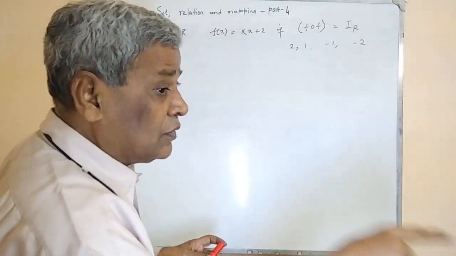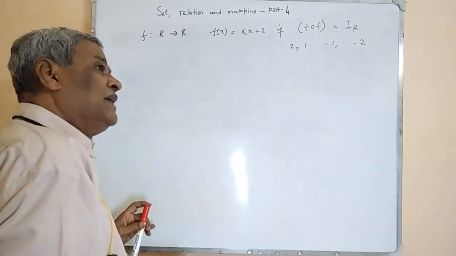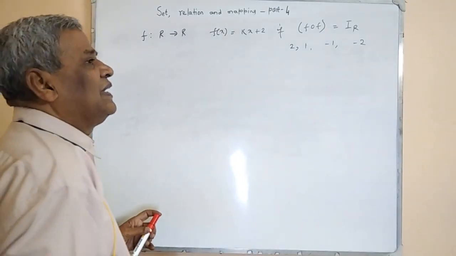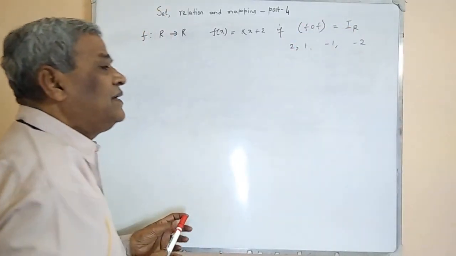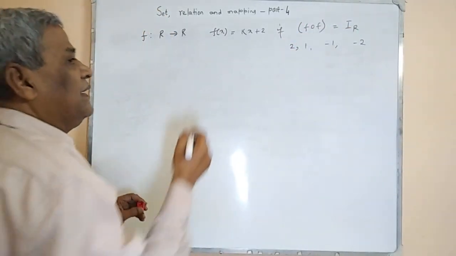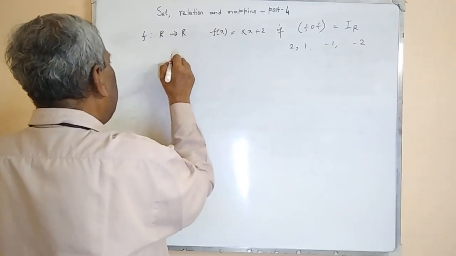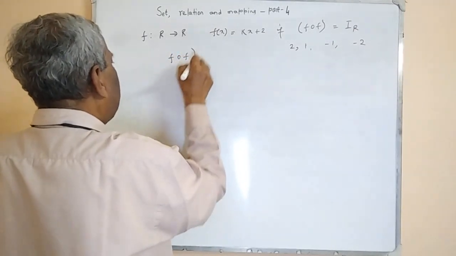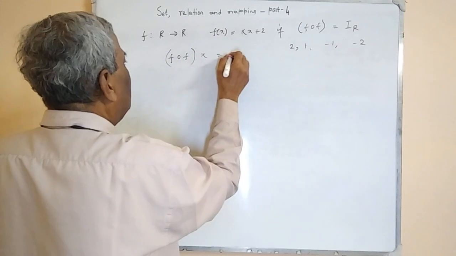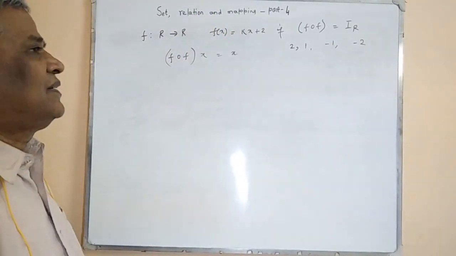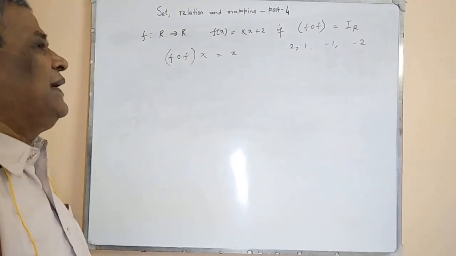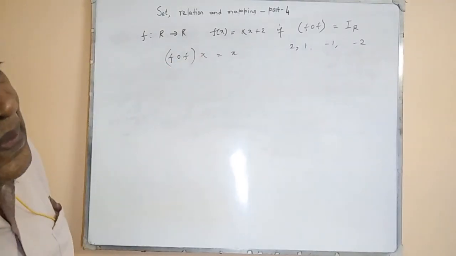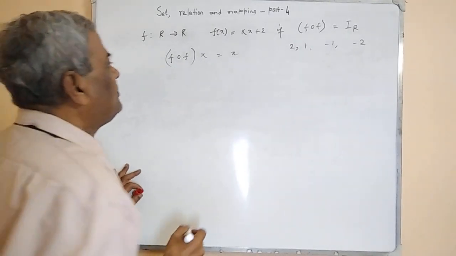Given that the composition f∘f is an identity mapping, it means f∘f(x) is equal to x. From this relation, we have to find the exact value of k, if it exists.